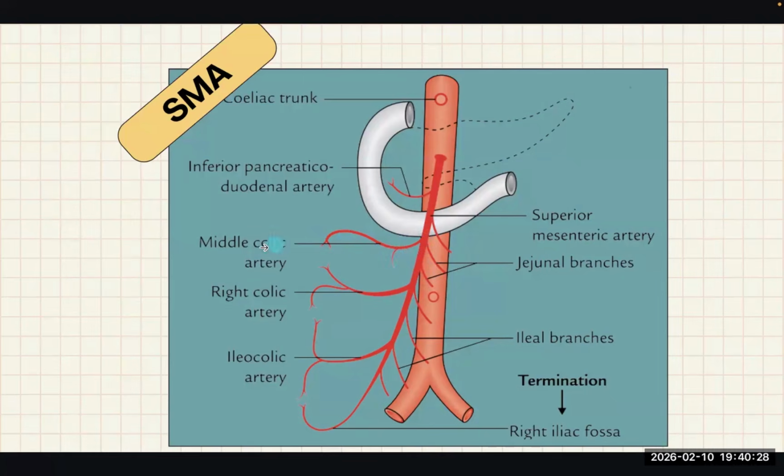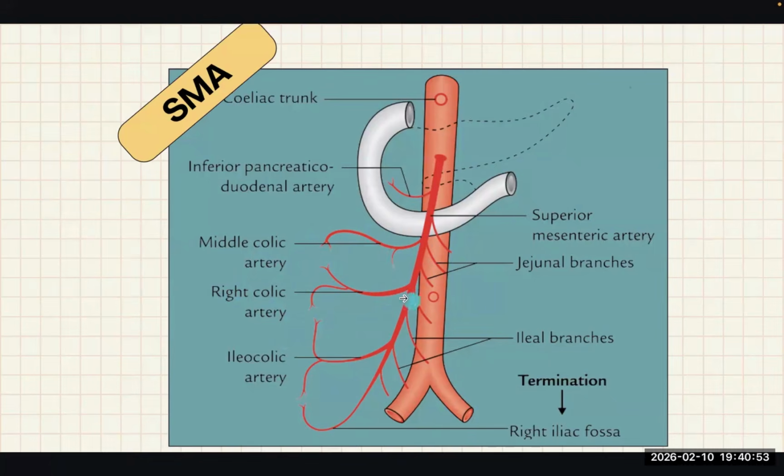Here we talk about the middle colic, which gives a right and a left branch. Now this needs visualization, so I need you to focus here. The middle colic is going to give a right branch, which is going to anastomose with the superior part of the right colic artery.